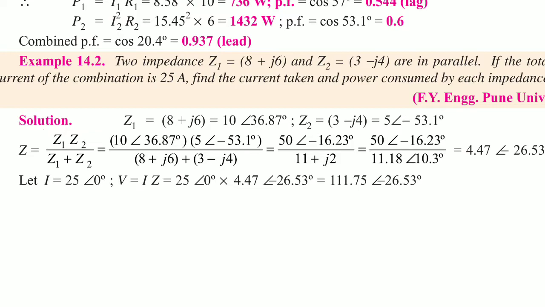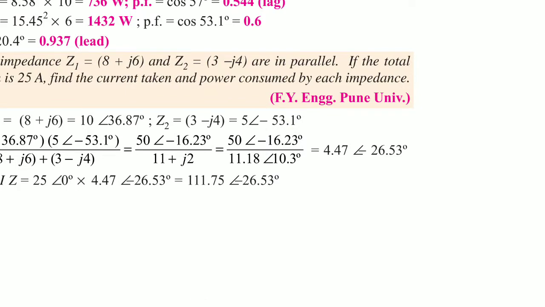That gives 50 angle of minus 16.23 divided by 11 plus j2, which is 50 angle of minus 16.23 divided by 11.18 angle of 10.3, equal to 4.47 angle of minus 26.53.